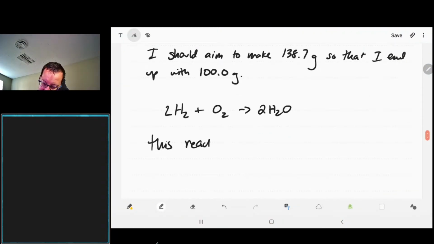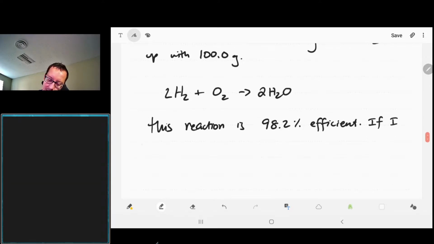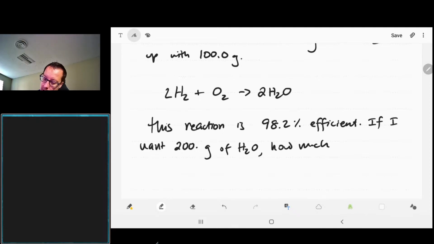This reaction is 98.2% efficient. If I want 200 grams, how much hydrogen am I going to need in grams?